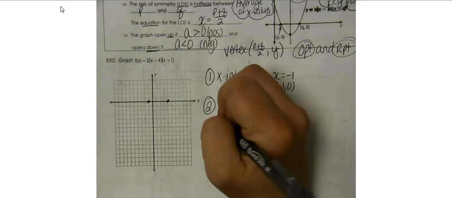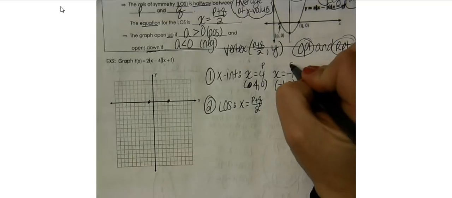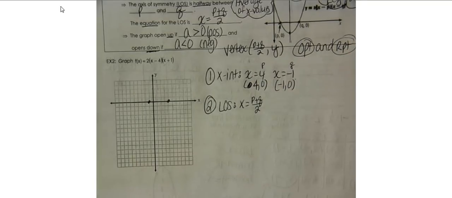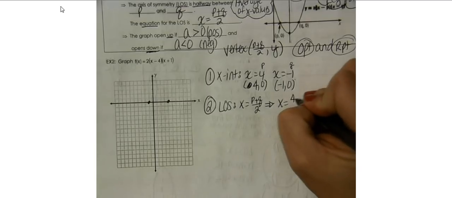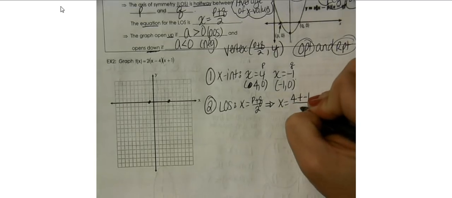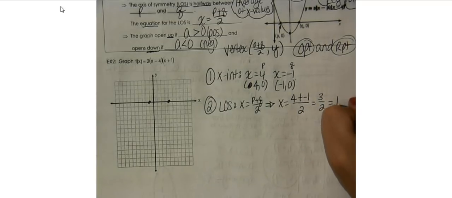Step number 2 is we need to identify our line of symmetry. Remember that your line of symmetry is x equals P plus Q divided by 2. My P value is 4 and my Q value is negative 1, so I'm going to average these values. x is equal to 4 plus negative 1 divided by 2, which is 3 divided by 2, in other words 1.5.